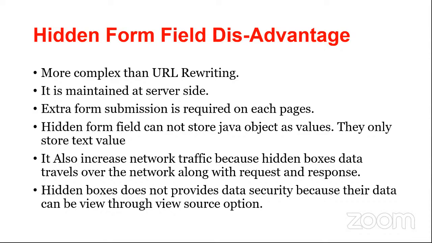They are only stored in the form of text values. It also increases network traffic, because the hidden form field data travels over the network along with the requests and responses. So it's a kind of burden.